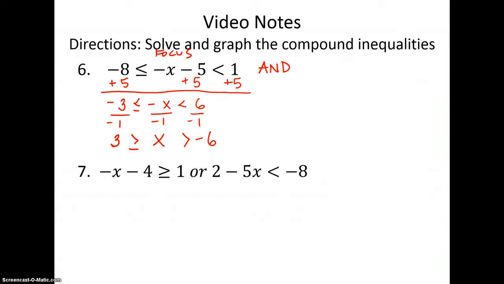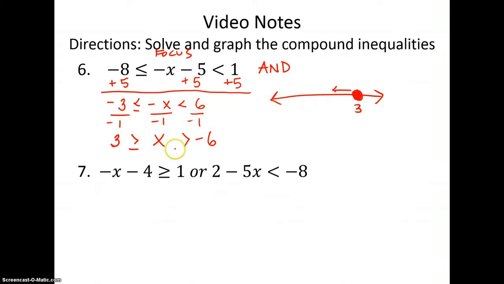What does that mean? If we just look at the left side here and we read it correctly, this is x is less than or equal to 3, so x is smaller than 3. If we look at that on a number line, we want x smaller than 3, so less than or equal to 3, so we're thinking we're shading this direction.